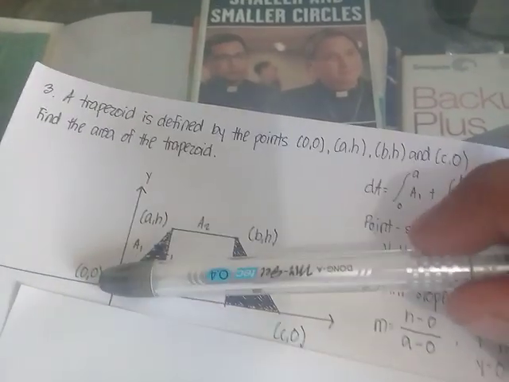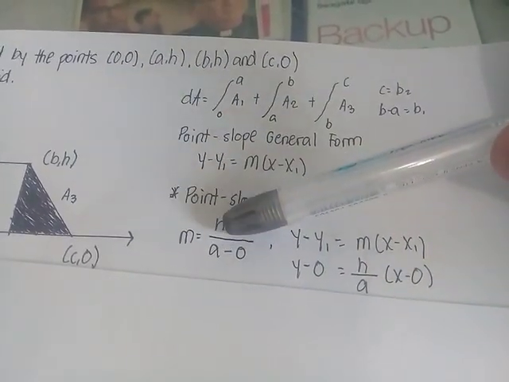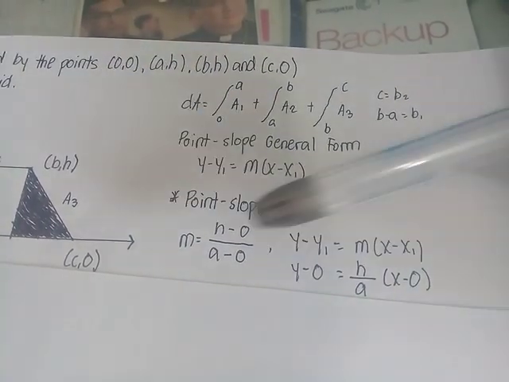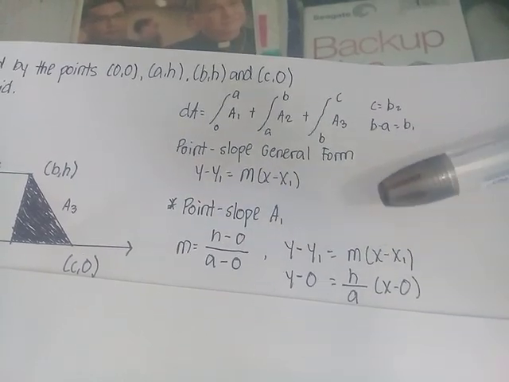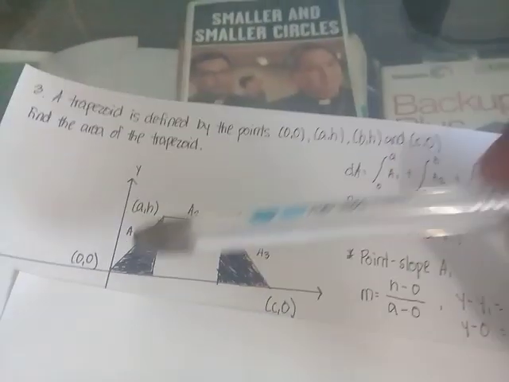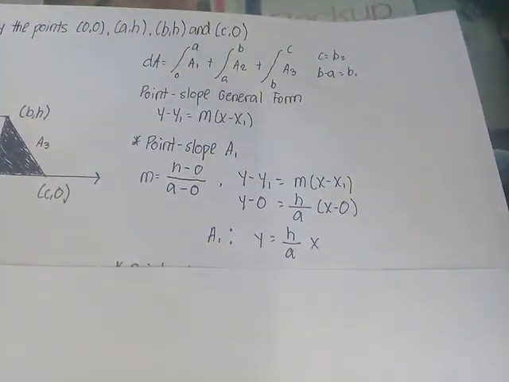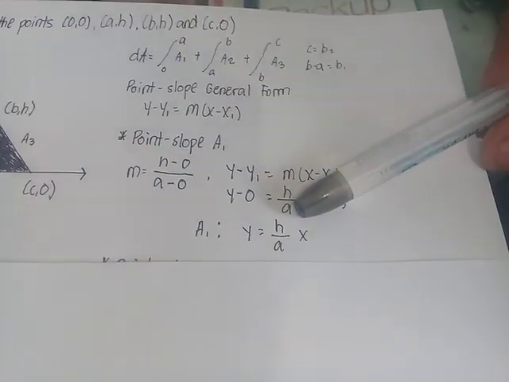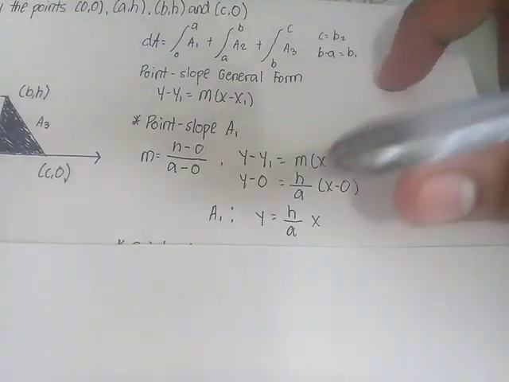Our y1 will be 0, and then equals, we substitute m into this equation, so m equals h over a. Then for x minus x1, our x1 will be 0, so x minus 0. So for the point slope of A1, this will be our equation: y equals h over a times x.